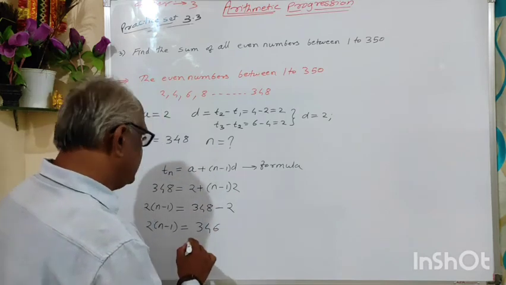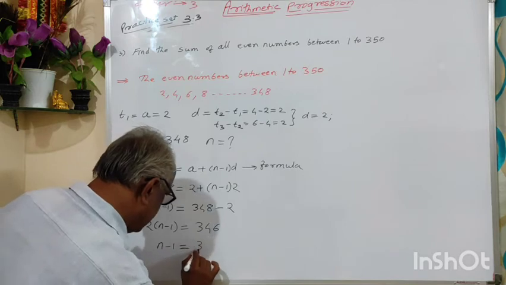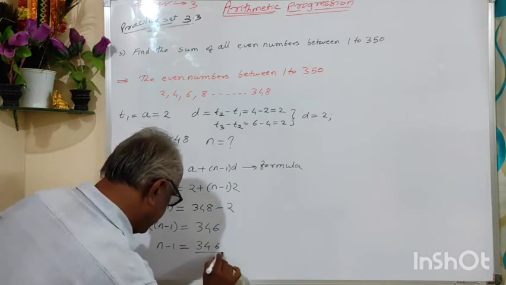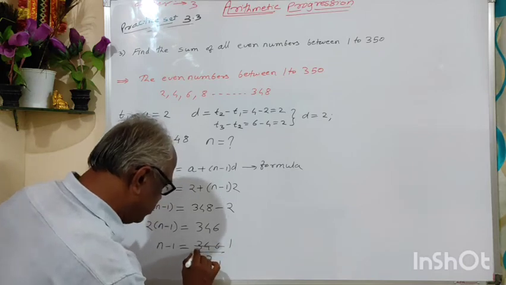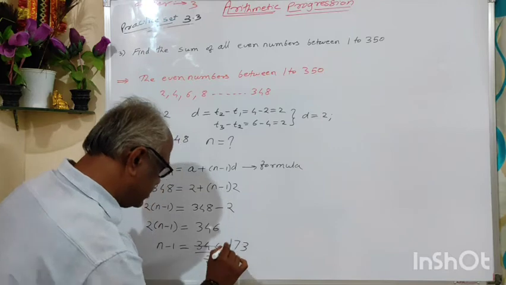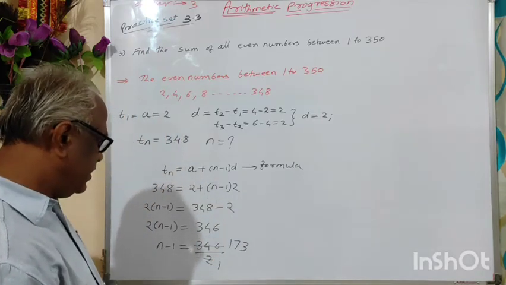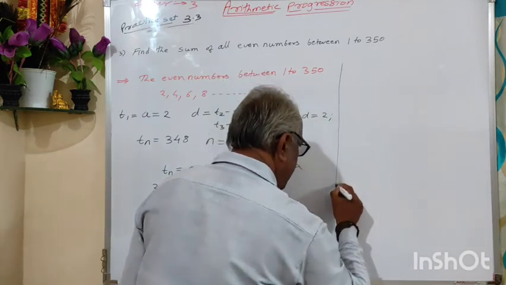So now here n minus 1 is equal to 346 divided by 2. 2 ones are 2, 2 ones are 2, 2 sevens are 14, 2 threes are 6, that is 173.